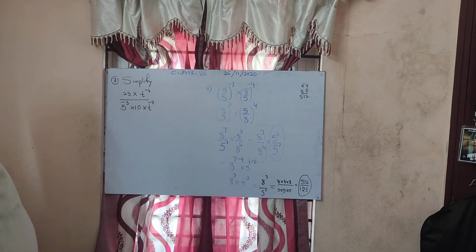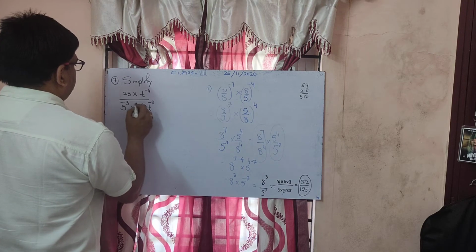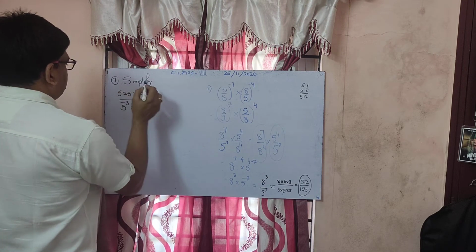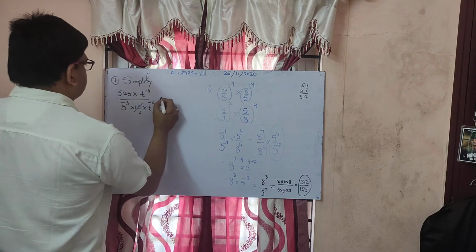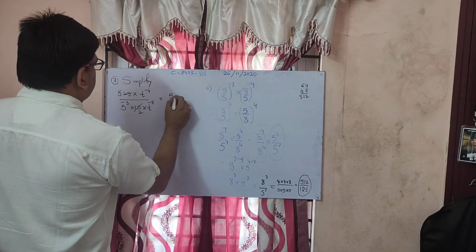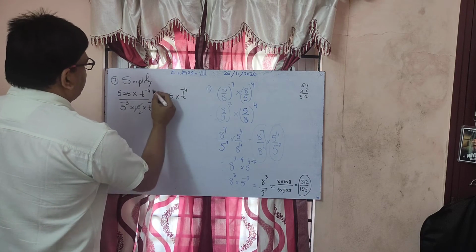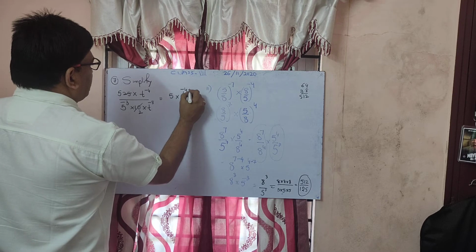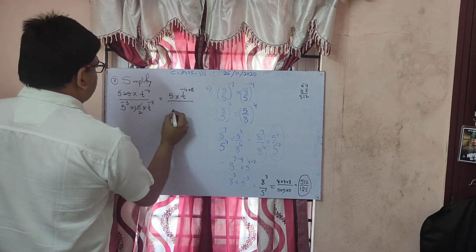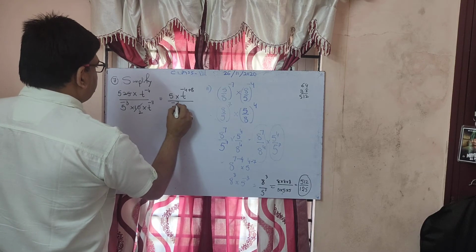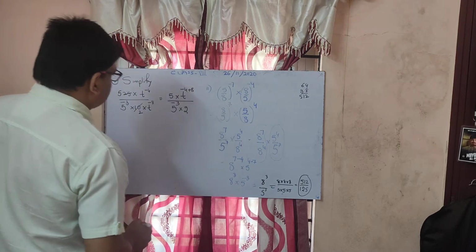Okay. Now 5 2s are 10, 5 5s are 25. Cancel it now. So what remains here? 5 into t to the power minus 4. Just take it back up, so it will become plus 8. So what remains? 5 to the power minus 3 into 2. 2 remains here.